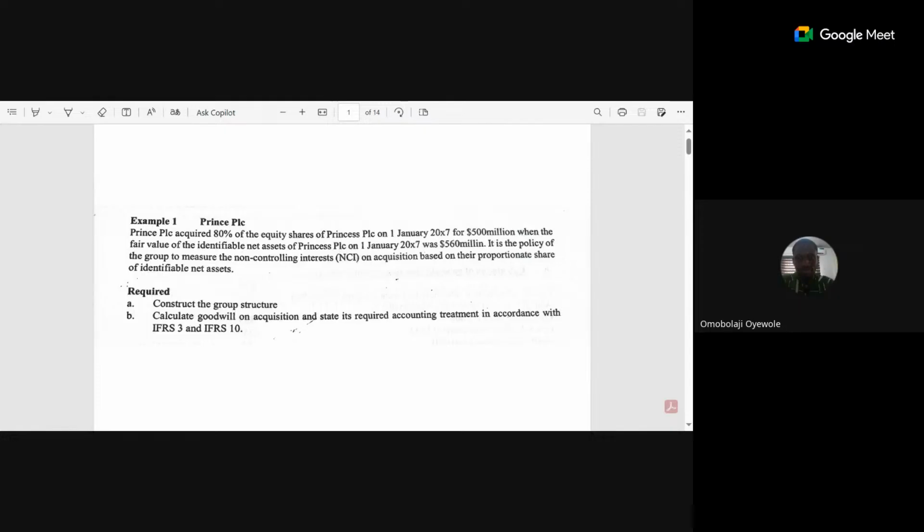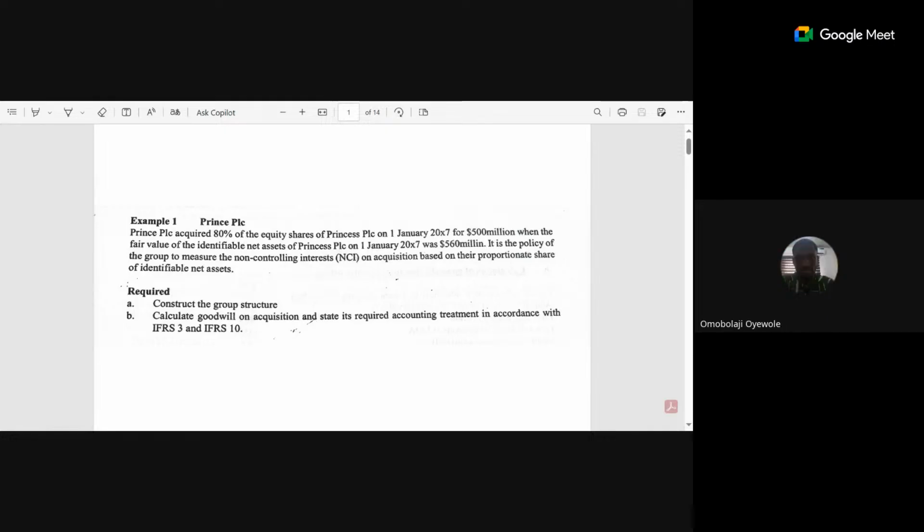Now we are buying Princess PLC for how much? 500 million. So this 500 million represents the what? Consideration. Remember we talked about consideration when we were checking out to determine goodwill. The consideration that we paid is the 500 million.